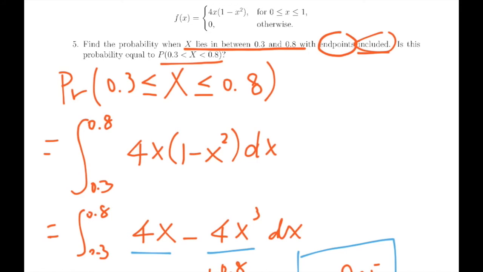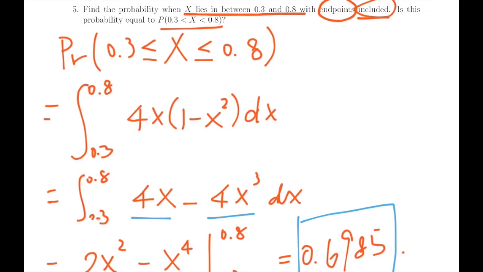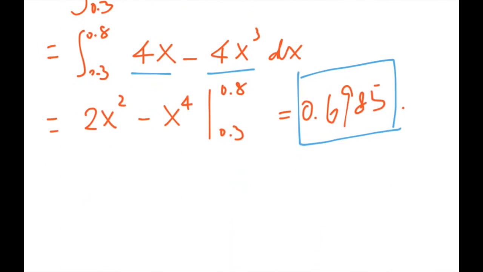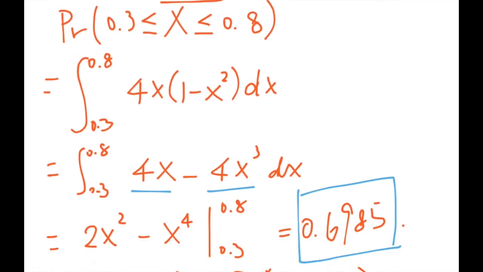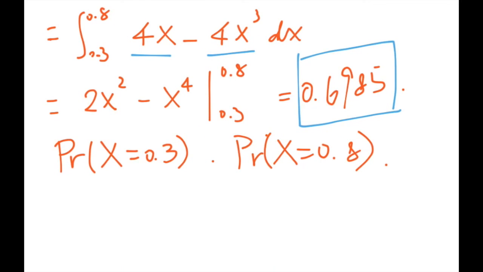And in this part, basically it is a problem considering the probability of x equal to 0.3 and the probability of x equal to 0.8. Like what I said earlier in the previous problem, for a continuous random variable, the probability of taking on a particular value is equal to 0. So this probability is equal to 0, and this probability is equal to 0.